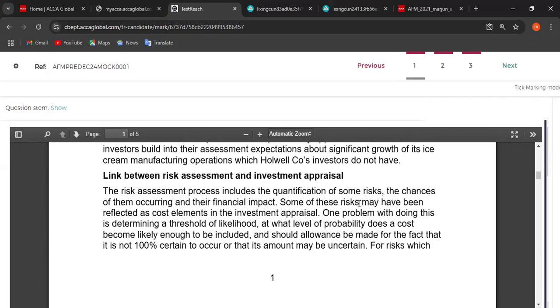If the risks have been reflected as cost elements, one problem with doing this is determining the threshold of likelihood: at which level of probability does a cost become likely enough to be included? And should allowance be made for the fact that it is not 100% certain to occur or that its amount may be uncertain?